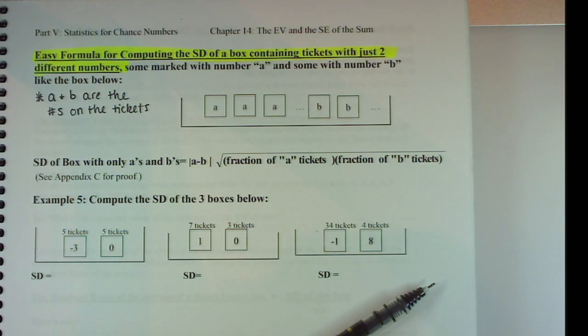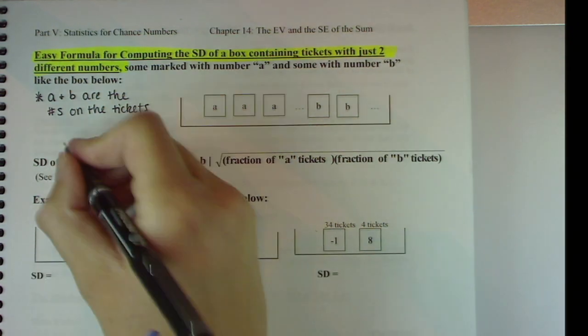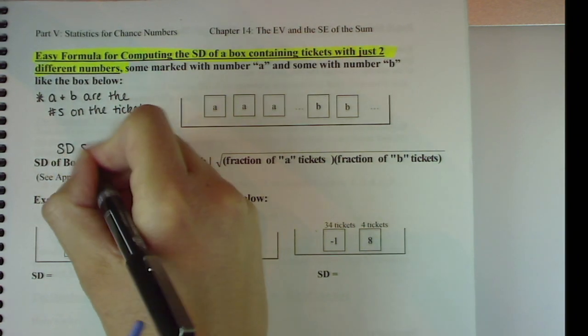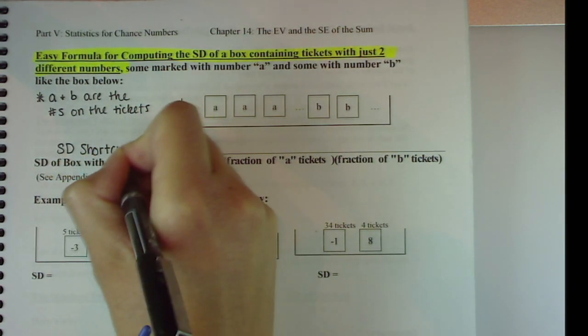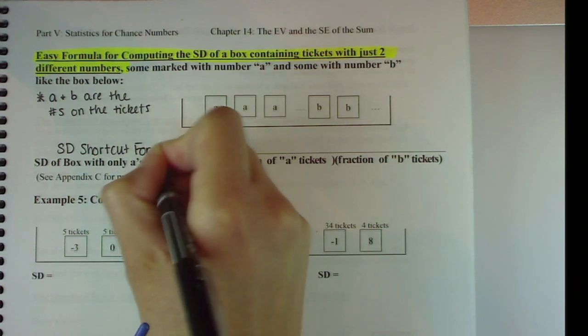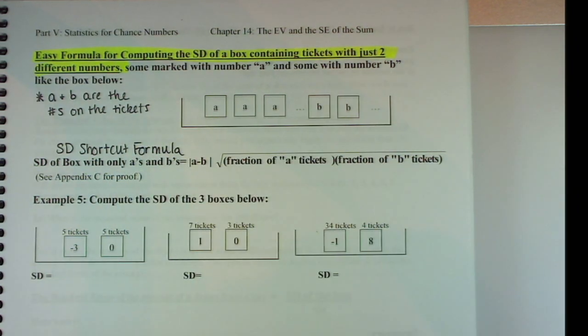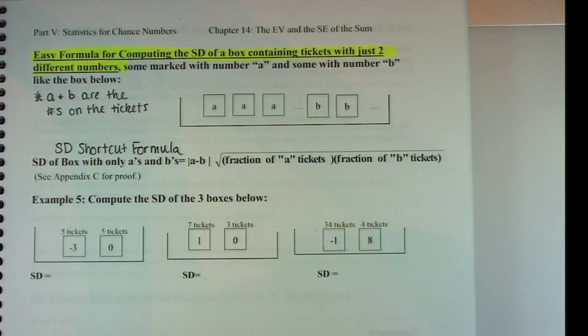And it might look a little complicated at the beginning, but people never have to write it down because they do it over and over again and remember it. So here it is. I'm going to refer to this as the SD shortcut formula. If you know anything about statistics, it comes from the binomial distribution, which we don't talk about in this class, but if you know about that, that's where this comes from.